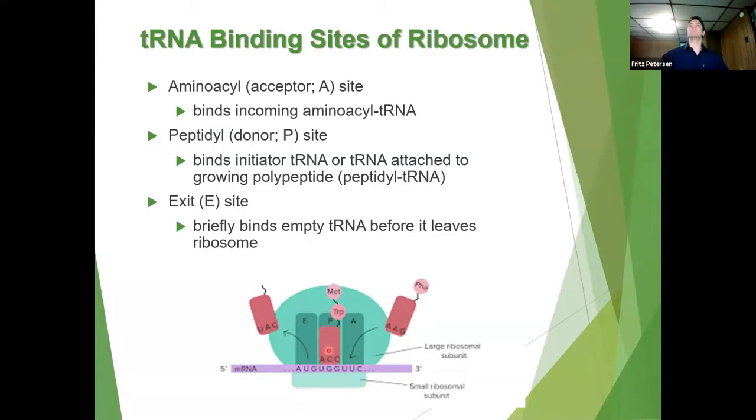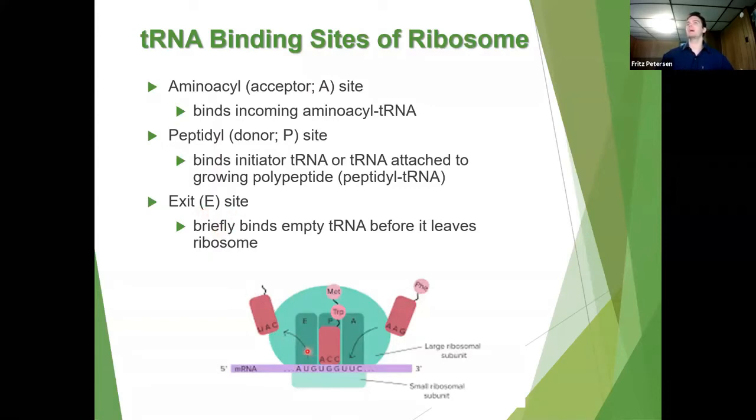The P site is the peptidyl or donor site, and this binds the initiator tRNA and forms this polypeptide chain. So here you can see this MET is what came from this original tRNA. This is the methionine, and there's your AUG, or your starting codon. So the starting tRNA has already been kicked out from the E site, the exit site.